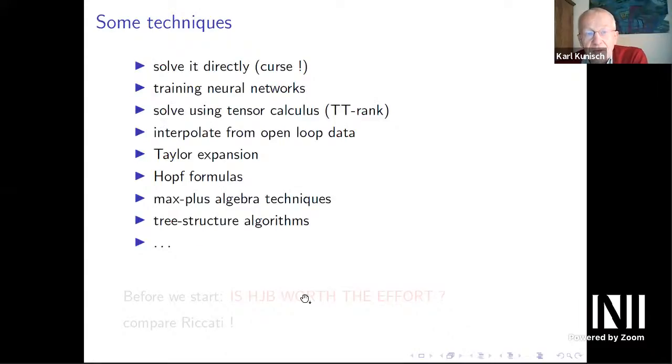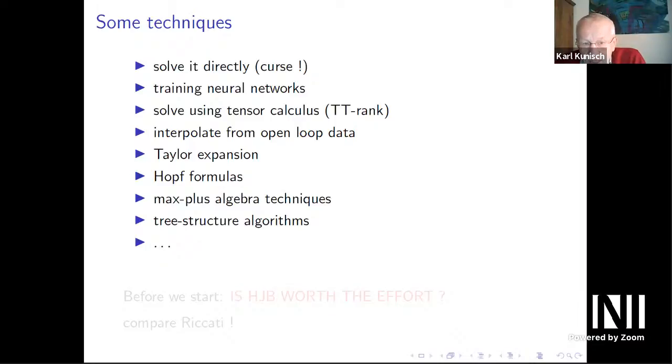Now, to go back to the HJB equation, here are some techniques for how to solve it. One approach is, of course, to try to solve it directly. And we know that we are confronted with the curse of dimensionality. We can train neural networks, I'll talk about it, and it has been alluded to before. Or we can use tensor train calculus techniques. We can interpolate from open loop data, as Dante Kalise has explained earlier this week.